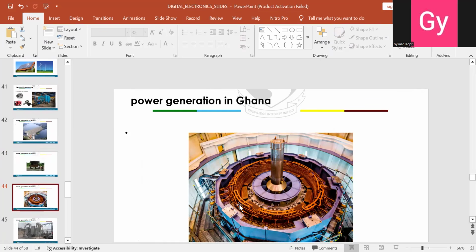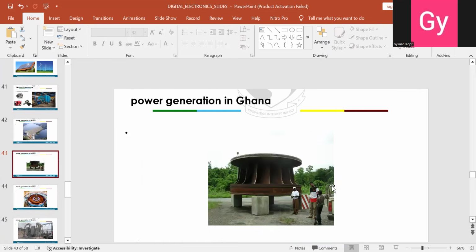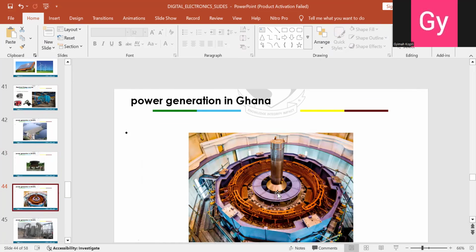So assuming it is connected to this alternator, while the water is hitting the turbine and the turbine is rotating, this thing will also be rotating this generator or alternator. So at the end of the day, while this one is alternating, the output becomes electrical energy. So actually, this is how we get electrical energy in Ghana.